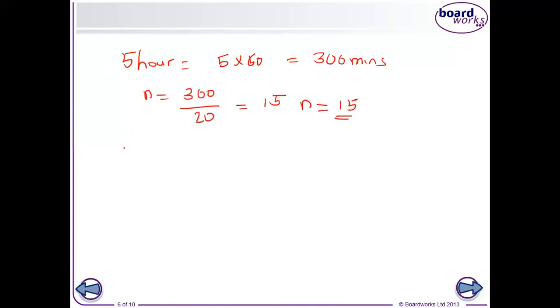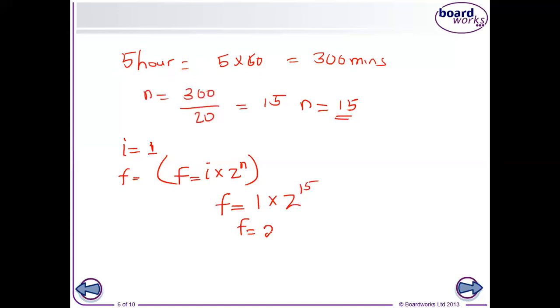So then you know I is the initial number of the bacterium, which is 1, and what we're looking for is F. So write out the equation: F equals I times 2 raised to the power of n. So your F is equal to 1 times 2 raised to the power of 15. If you don't have a calculator, just say F equals 1 times 2 raised to the power of 15, which is 2 raised to the power of 15.